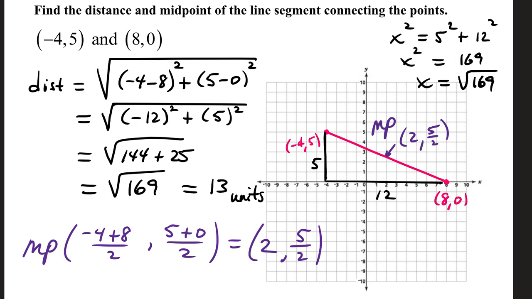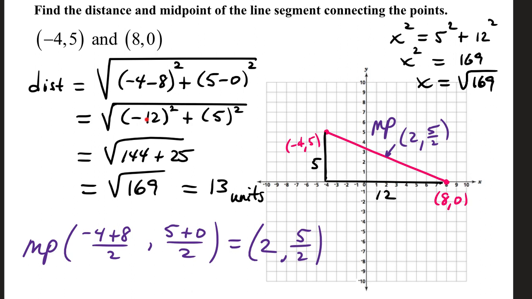Now, a lot of you in class had heard of the Pythagorean theorem, and the distance formula spawns from that. Using the distance formula, you have a large square root term. You subtract your x's, negative 4 minus 8 squared, plus you subtract your y coordinates, 5 minus 0 squared.